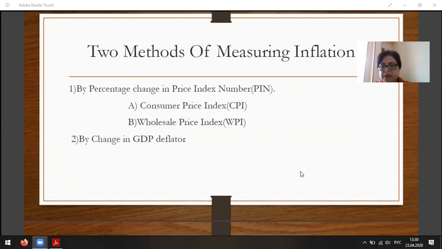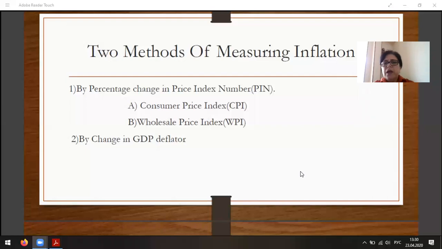But the question is, how can we do that in detail? Can we use different price indexes? And how many different types of price indexes can we use for calculating the inflation rate?